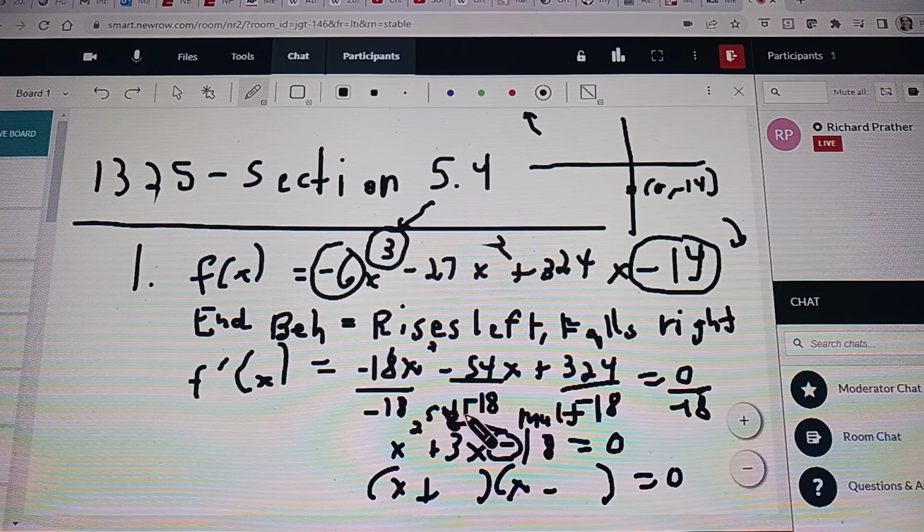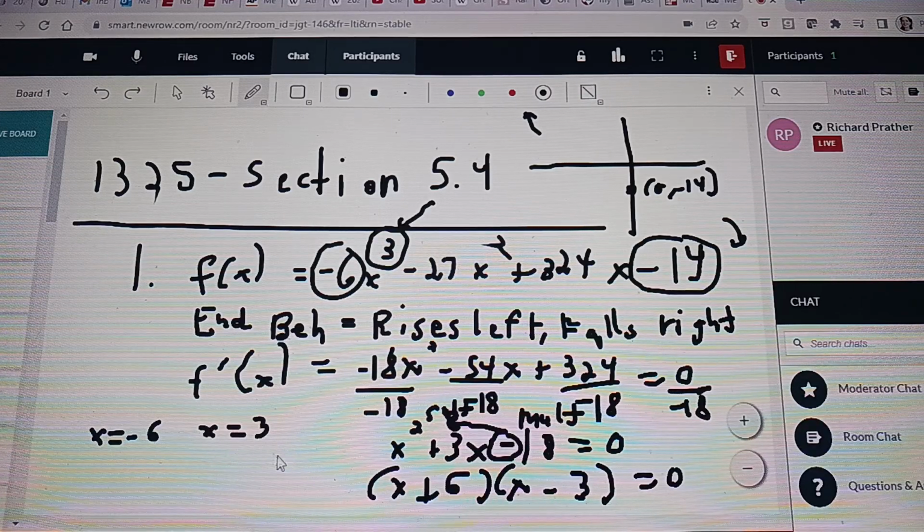And then order matters since there's one of each, so it would need to be positive 6 and negative 3. Positive 6 times negative 3 is how you get negative 18. Positive 6 minus 3 in a subtraction fashion, that's how you get positive 3. So there are 2 zeros of the derivative, negative 6 and positive 3.